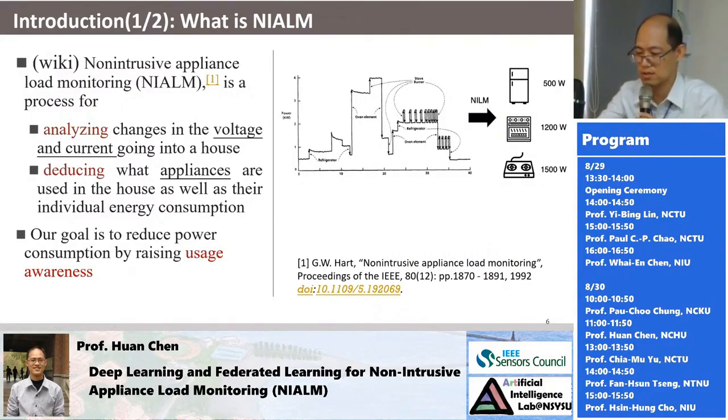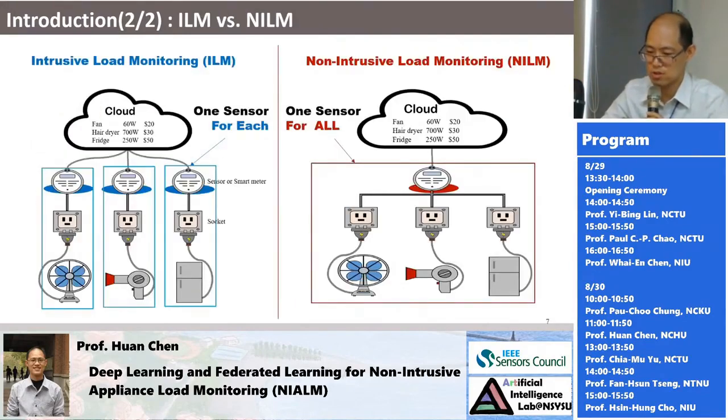As you can see in the figure, its main goal is to disaggregate the power you use at home, so you can separate what is used by your refrigerator, your microwave, or other major appliances. So our bill will not be only a single line, the total bill. We can separate it and know everything about our usage.